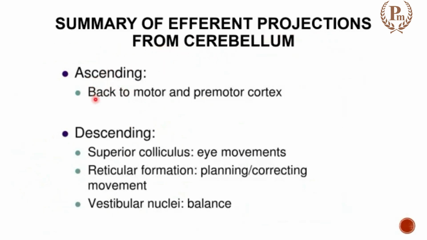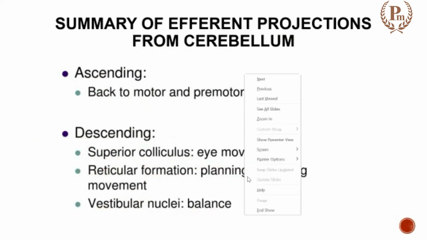Ascending means the one which is going up to the cortex, back to motor and premotor. Descending means the one which is coming down to the spinal cord, or maybe to the eye area, to the brainstem area. Superior colliculus, eye movement; reticular formation, planning and correcting. Look at this, correction of the movement. And vestibular nucleus in balance.